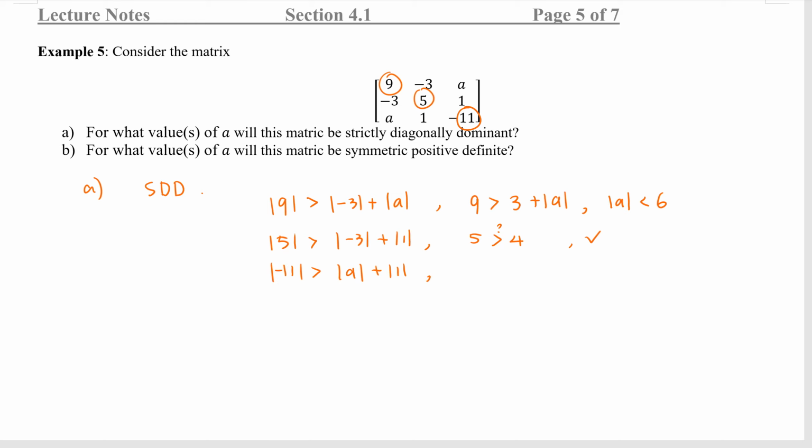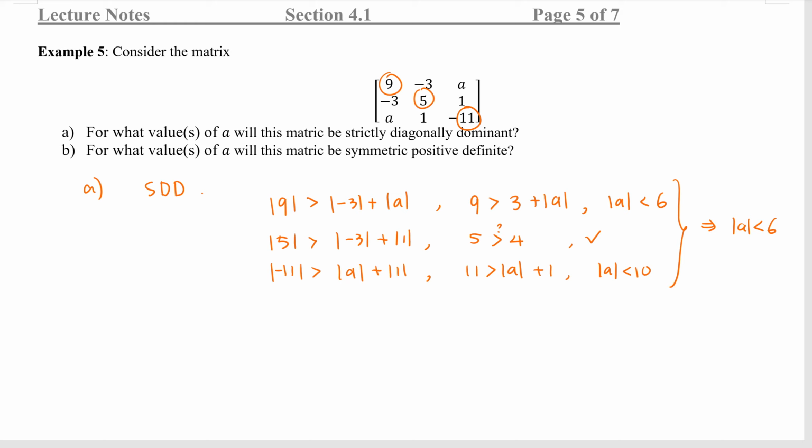So we get 11 greater than the absolute value of A plus 1. This is the same as saying the absolute value of A is less than, moving the 1 to the other side, 10. Because we want to satisfy all these conditions, the absolute value of A must be less than 6. If it's less than 6, of course it's less than 10, right?